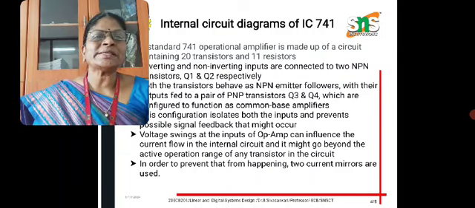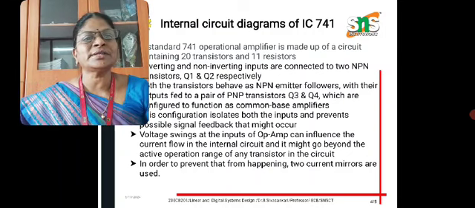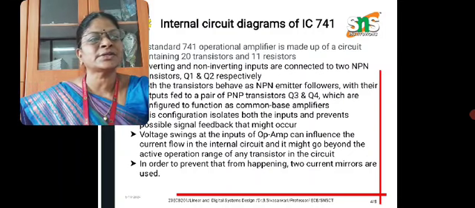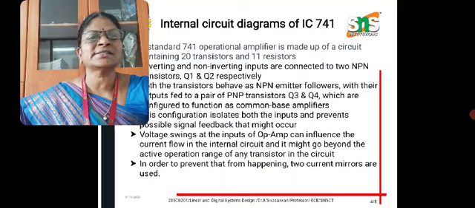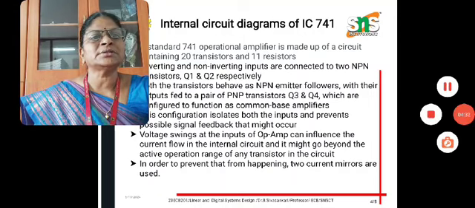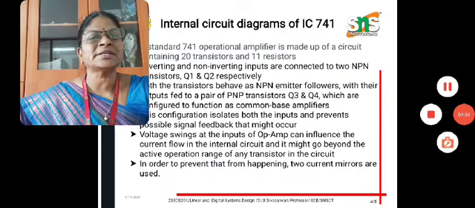The voltage swings at the inputs of the op-amp can influence the current flow in the internal circuit, and it might go beyond the active operation range of a transistor in the circuit. In order to prevent that from happening, two current mirrors are used.